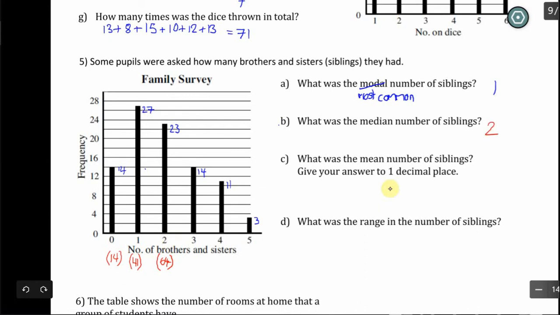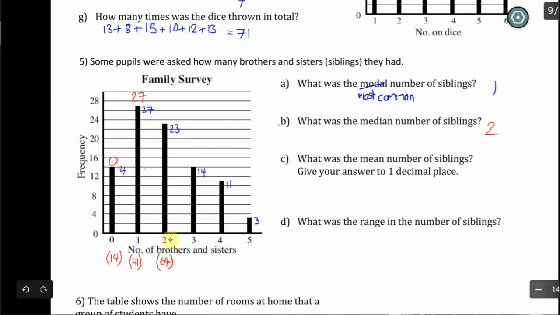What was the mean number of siblings? So here I need to work out the total number of siblings first. So if 14 people had 0 siblings, then in total that is 0 siblings. 14 lots of 0 is 0. 27 people had 1 sibling. So 27 times 1 is 27 siblings. 23 people had 2 siblings.